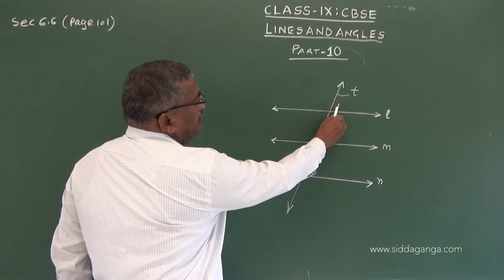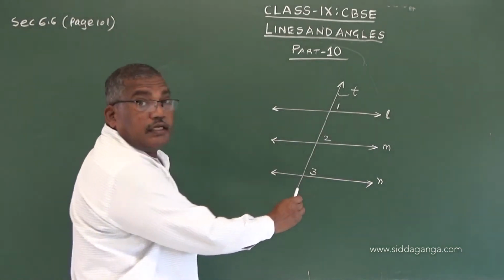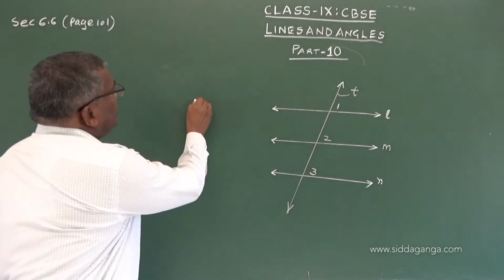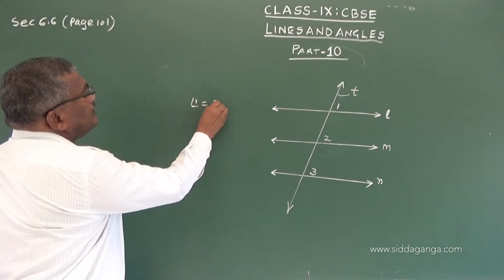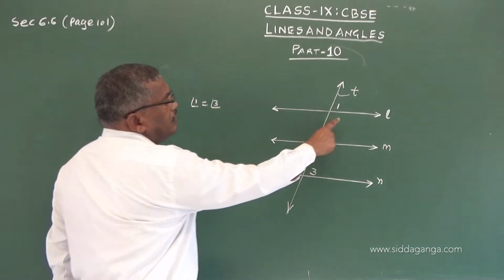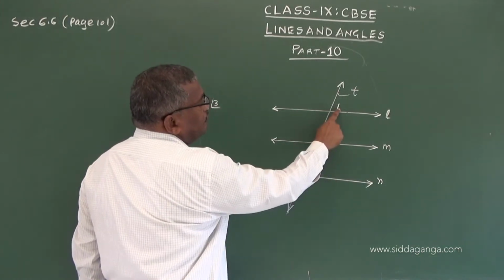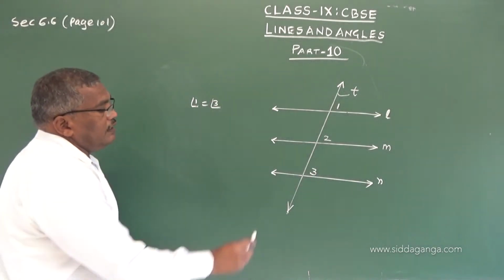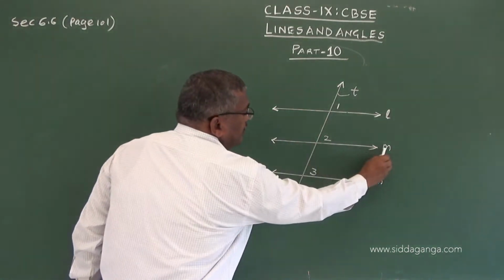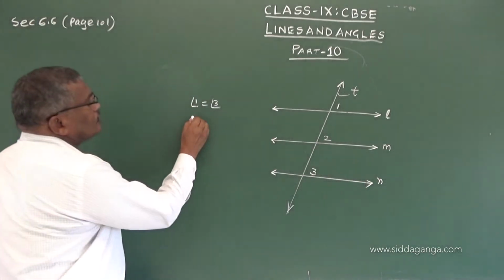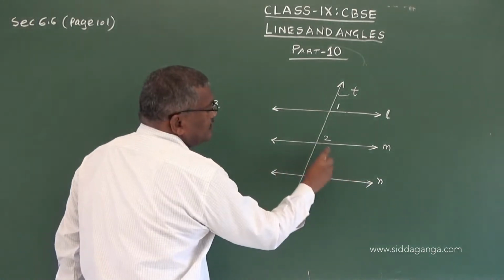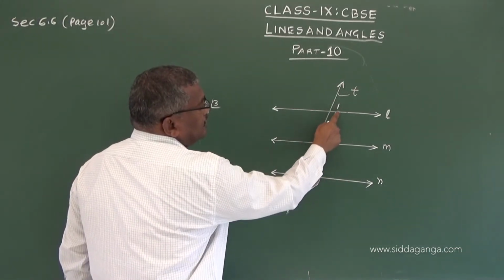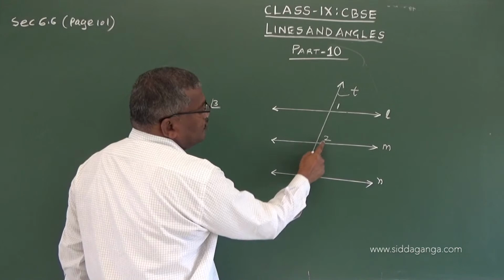Now, it is given L is parallel to N. Therefore angle 1 is equal to angle 3, because L is parallel to N. It is also given that line M is parallel to N, so angle 2 and angle 3 are corresponding angles that you have studied.